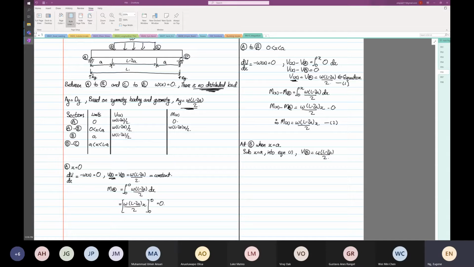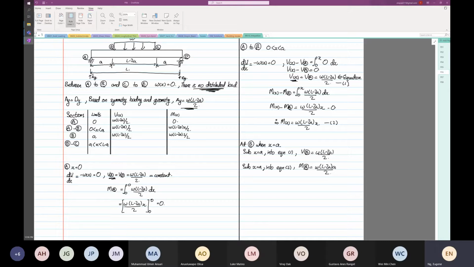Then we substitute X equal to A into equation number 2. So you know that your moment at point B is equal to omega (L minus 2A) multiplied by A, divided by 2.